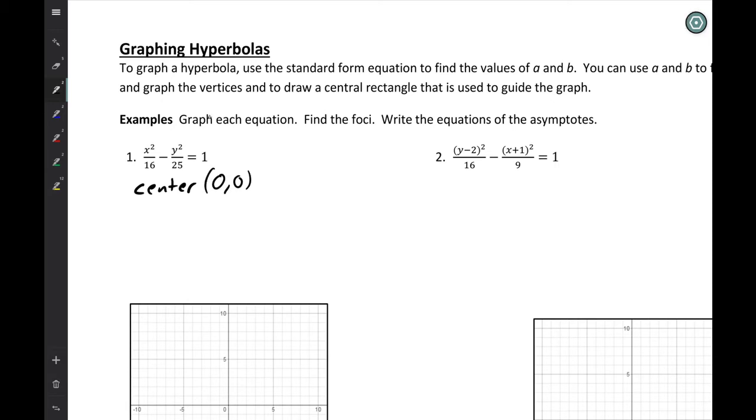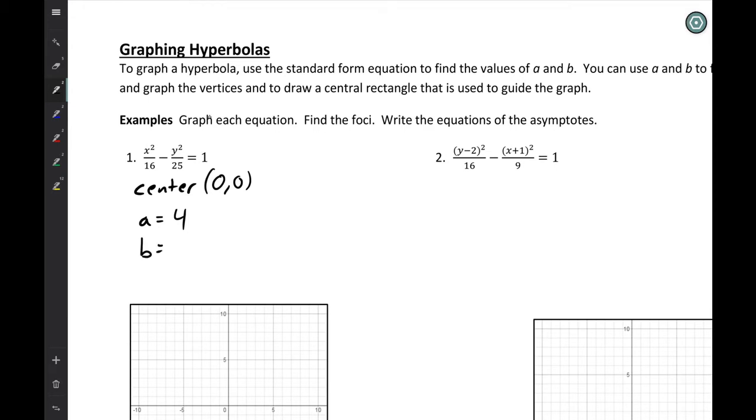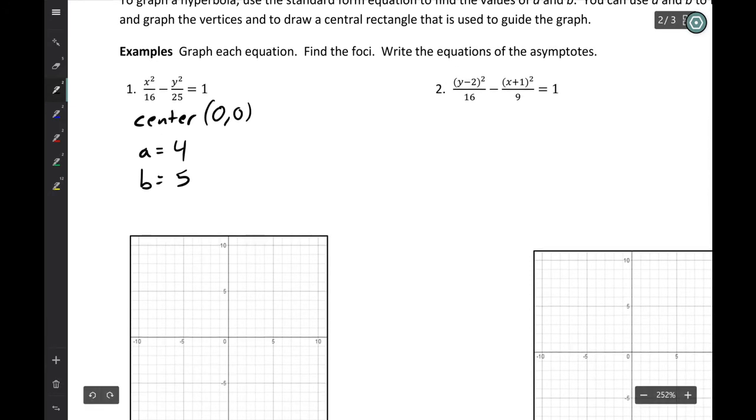Now I look at this and I see x squared, y squared is negative. If the y squared is negative, it opens left and right. And then I know my a is always the first. Square root of 16 is 4. And my b is the second. That's going to be 5. Your a does not have to be bigger than b, which is really important.